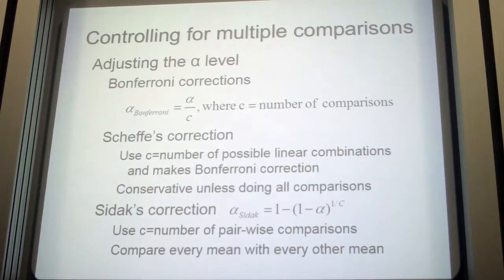You'll see in some of the background slides examples of the linear combinations. There are a huge number of them, particularly when you've got 4 or 5 or more levels of a factor. So it is conservative unless you are going to do every one of those comparisons. Scheffe's becomes Sidak's, but with Sidak you just say, I'm going to do all of the pairwise comparisons rather than all possible linear combinations.